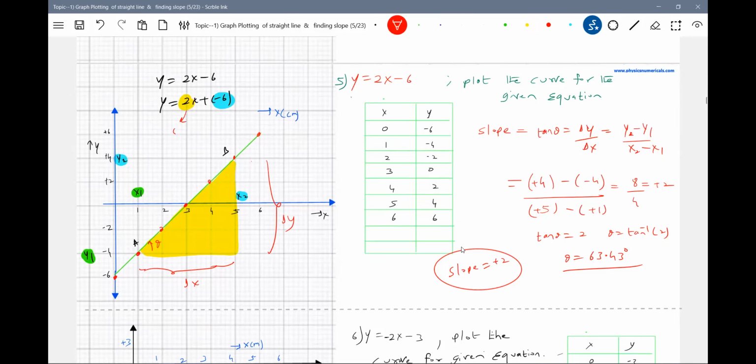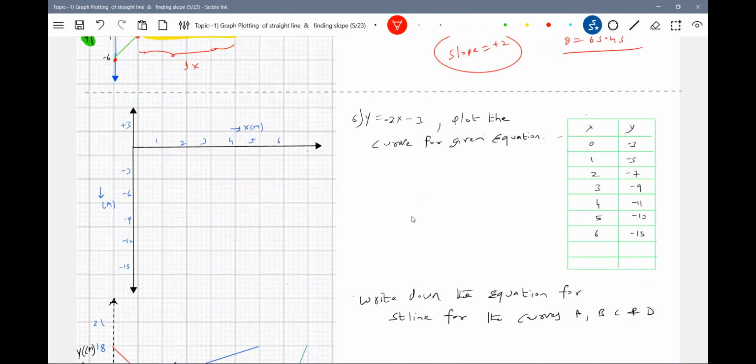This is called the slope. Agreed? Straight line with positive slope, negative intercept.